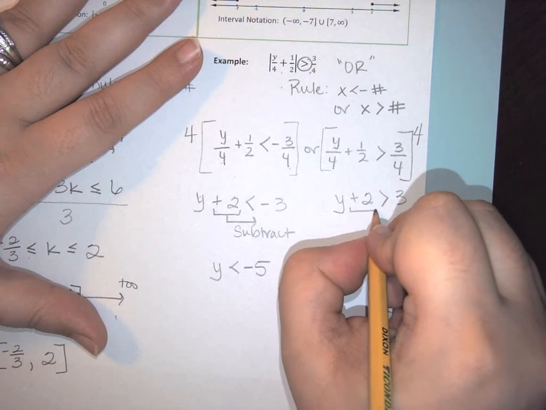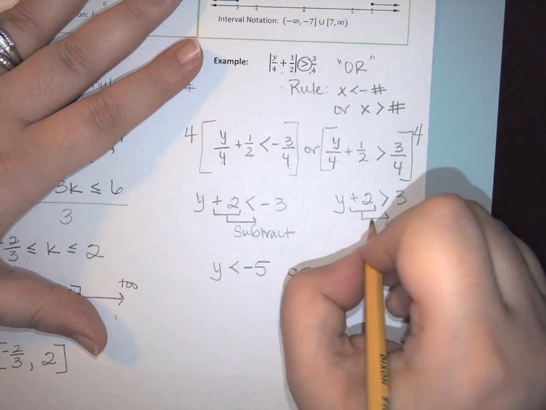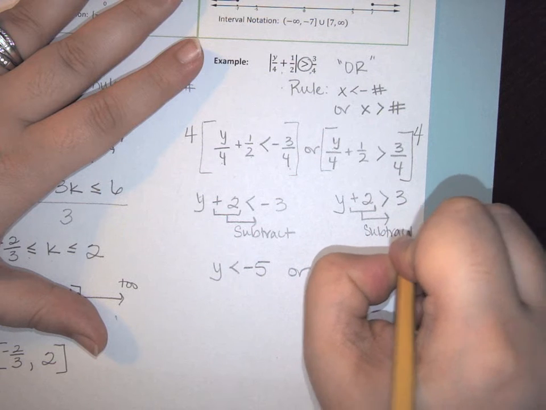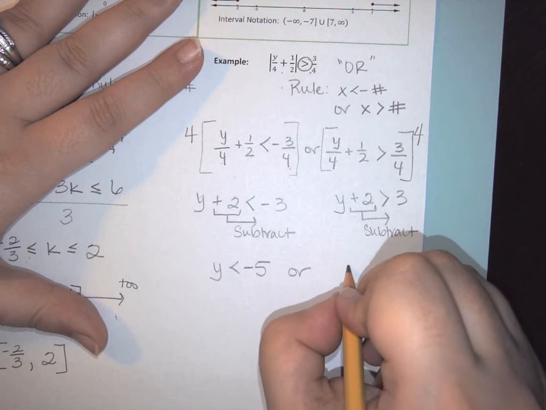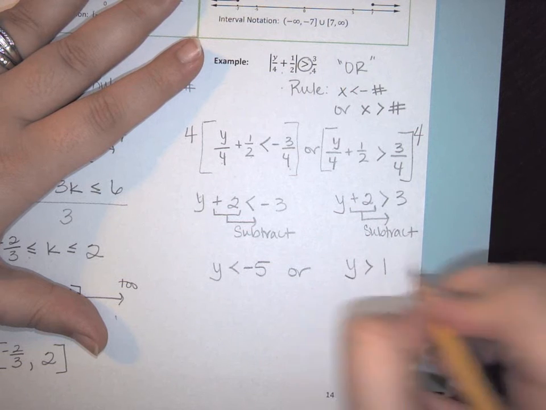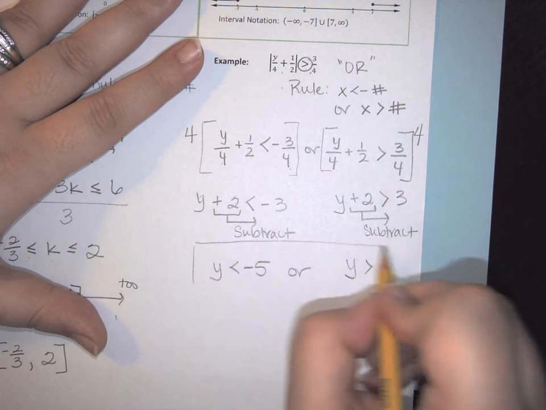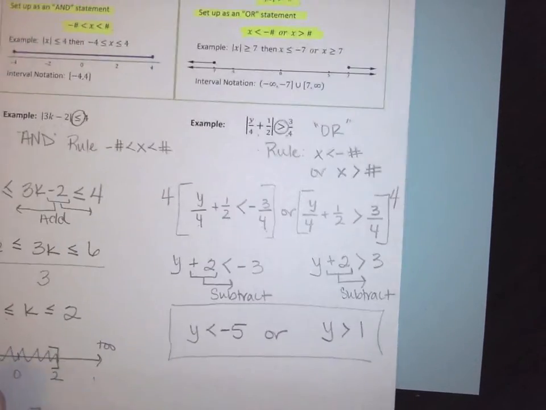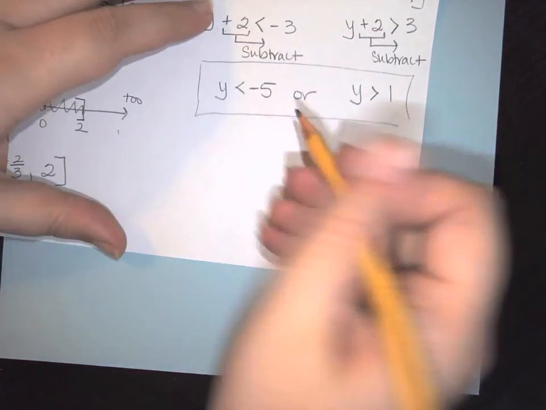Again, I need to take this 2 and move it. Because it's positive, I have to subtract. So this ends up being y is greater than 1, since 3 minus 2 is 1, and so here's my inequality.